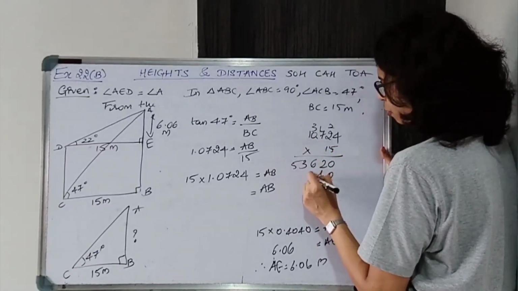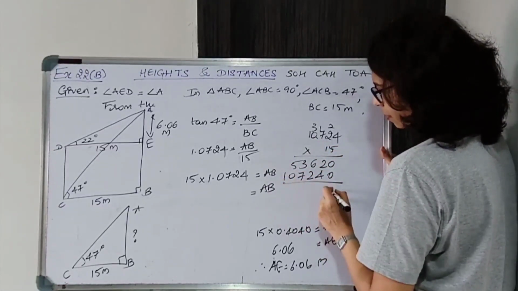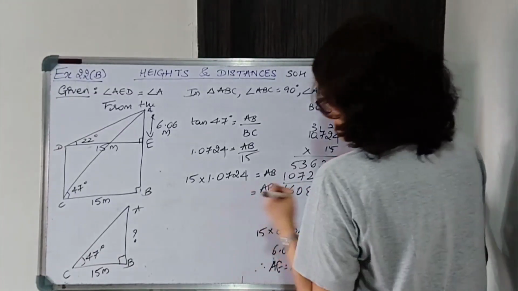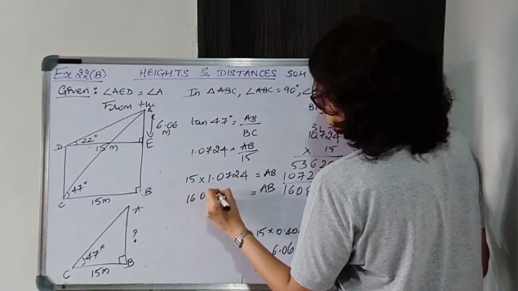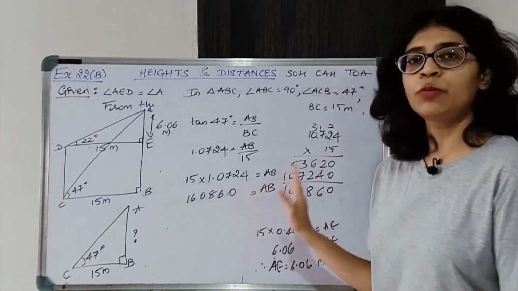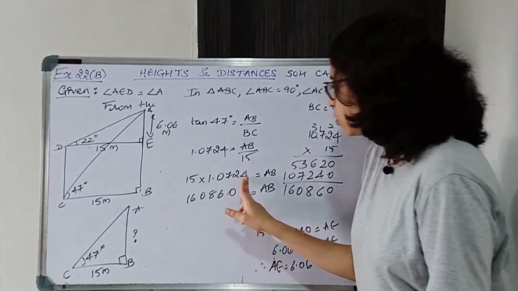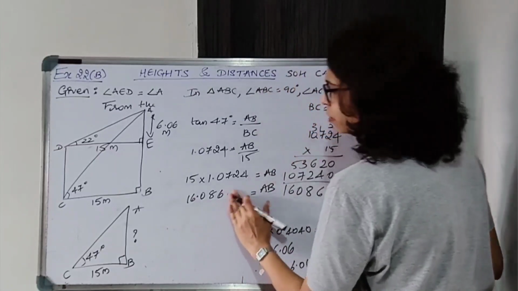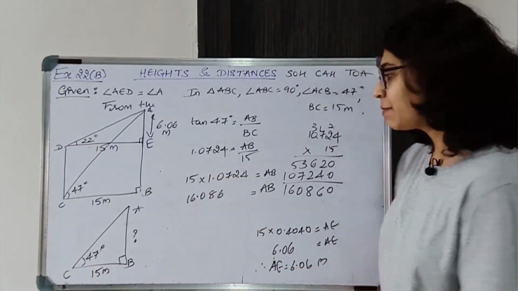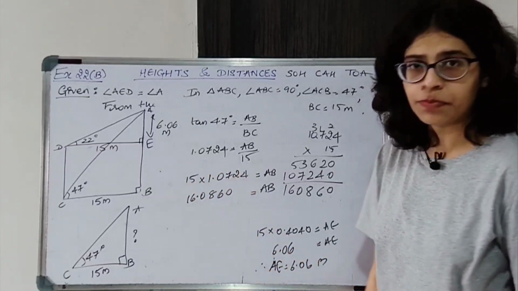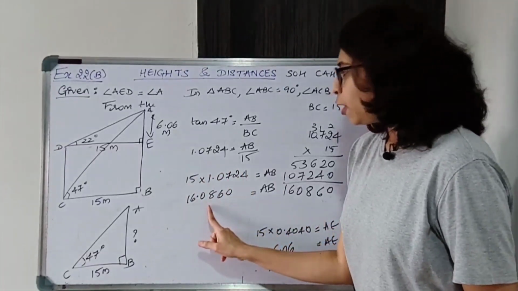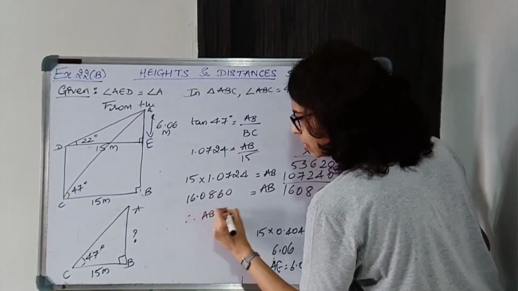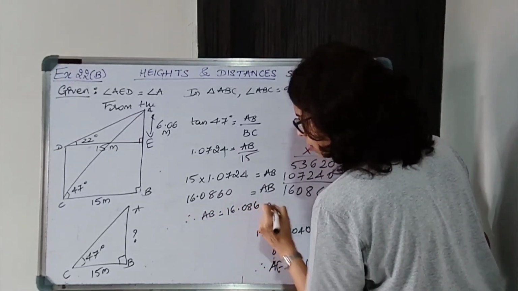So we get 160860. Now there is a decimal point after 4 digits from the right, so 1, 2, 3, 4 digits and then the decimal point. Now this 0 does not matter. If you want you can write it down, but it does not matter. Now we found the length of AB. So just write down AB is equal to 16.086 meters.